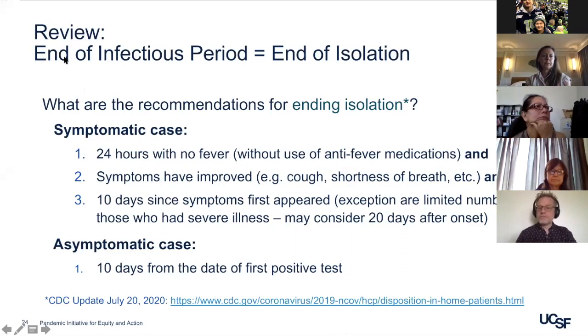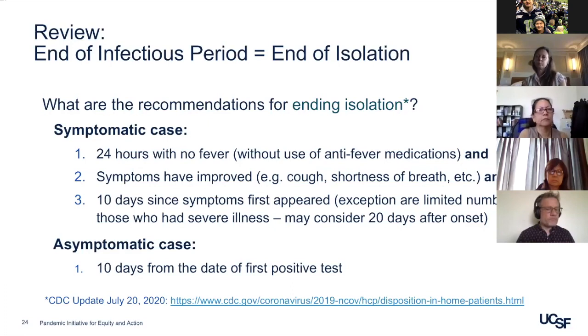All right, and these are basically the CDC guidelines here. So I see your question, Rita. This should be the guidelines for Guam. There was a period, it switched in June or July, it used to be 72 hours with no fever, but now that is the guidance.